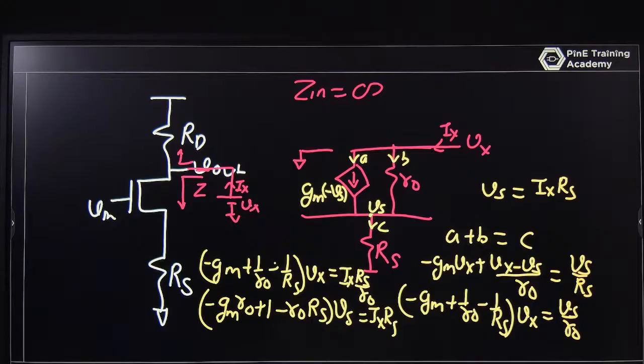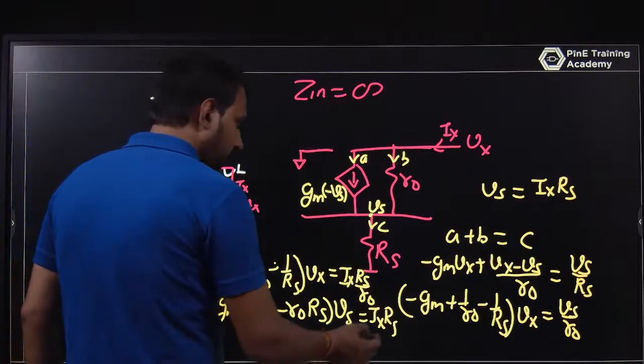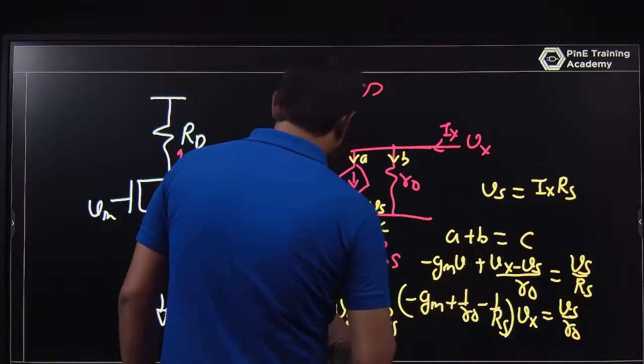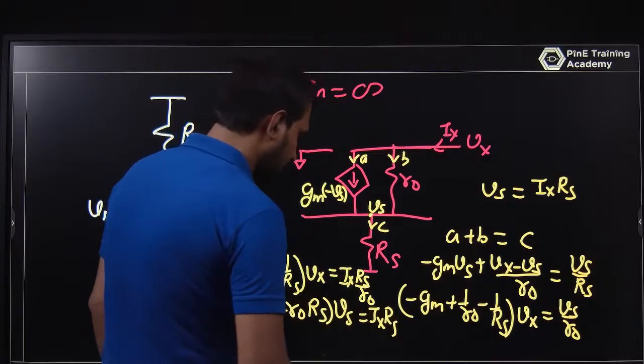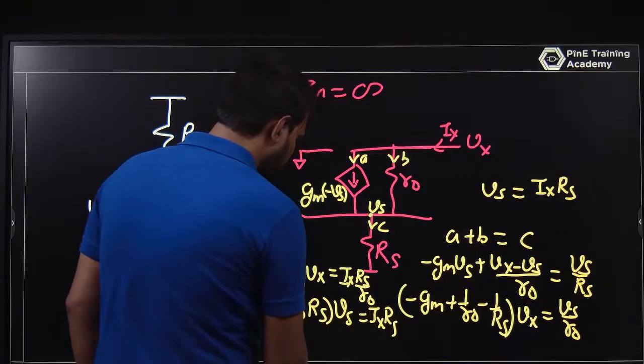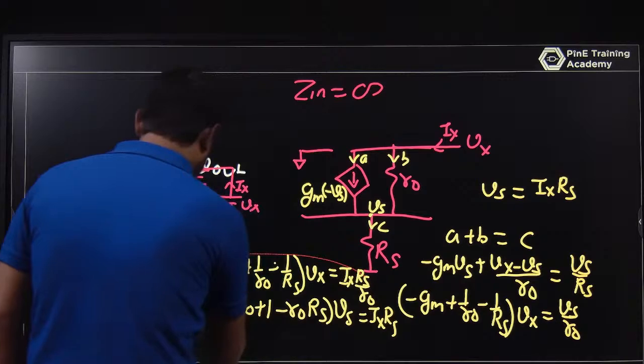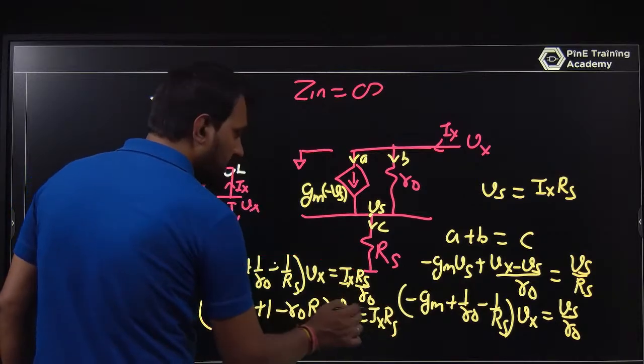This is minus Vs, that's why there is a problem. This is not that Vs, so it will not be like this. Okay, let me redo it, there is some problem in this.